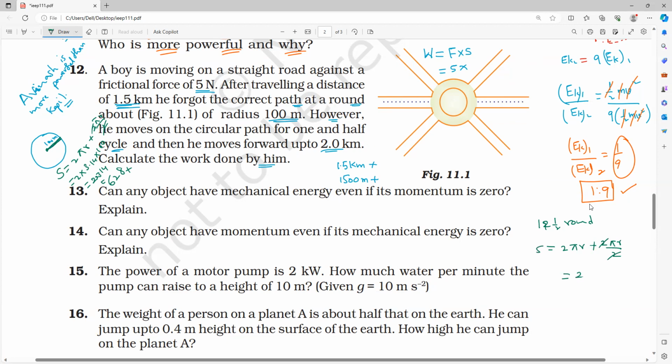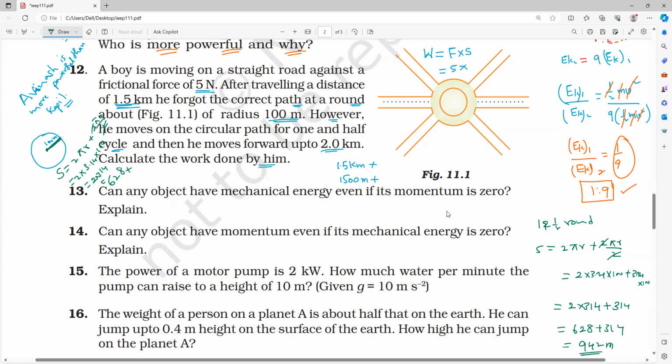So 2 into 3.14 into r value 100 plus pi value 3.14 into r value 100, which is equal to 628 plus 314. Add both and tell me how much it is. 942. I will understand 942 meters.